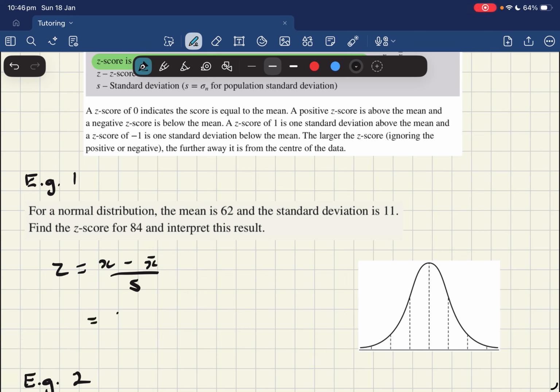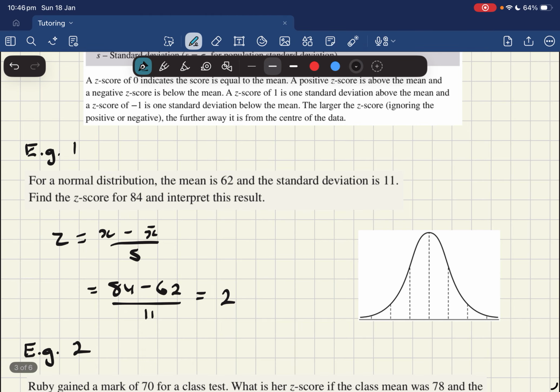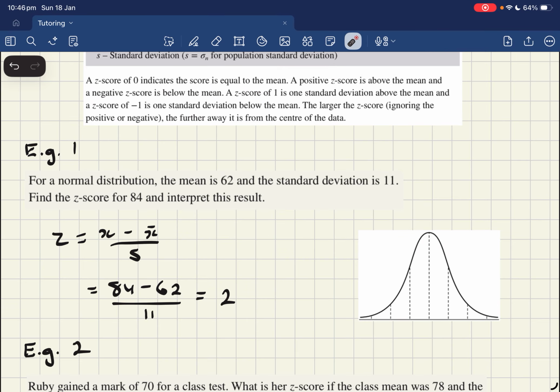So our score is 84, our mean is 62, and our standard deviation is 11. Once you put this in your calculator, this will give you 22 over 11, which just gives you 2. Now, when it says interpret the result, this means the z-score of 2 tells us that 84 is 2 standard deviations above the mean. So it's 2 standard deviations above the mean.